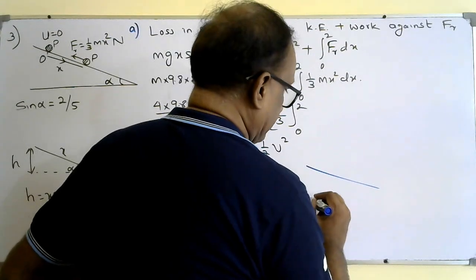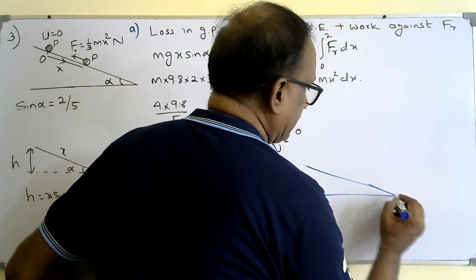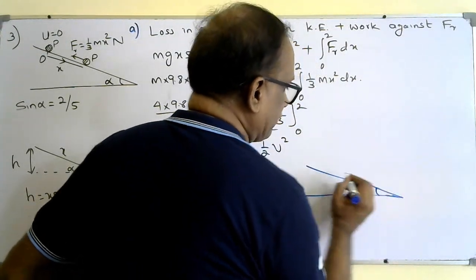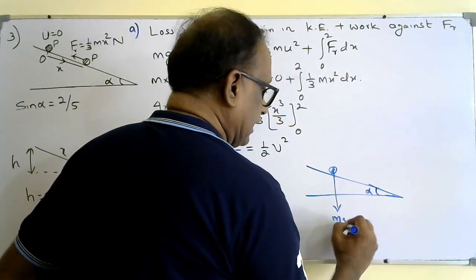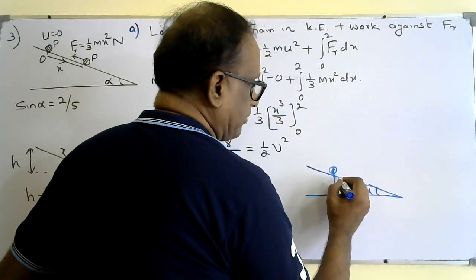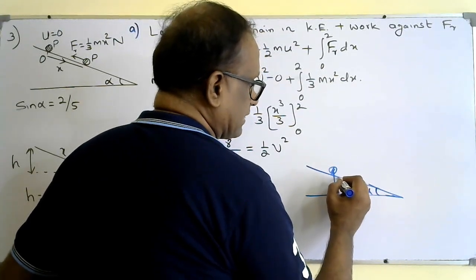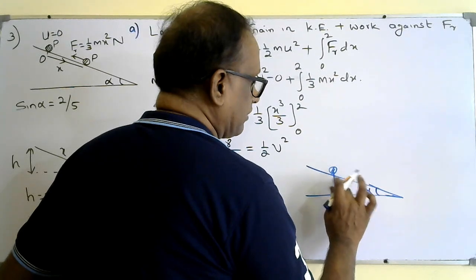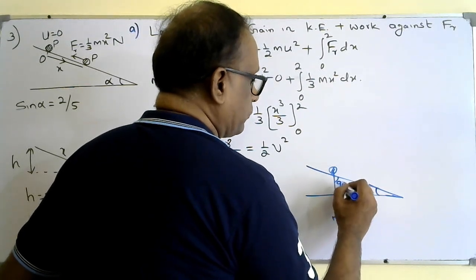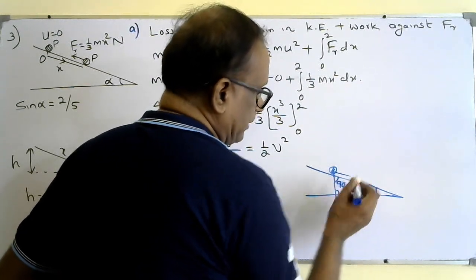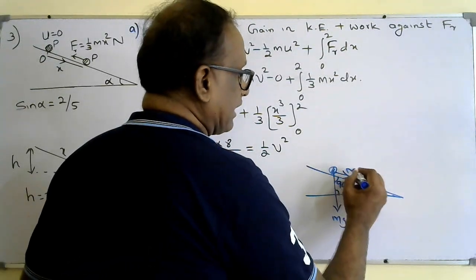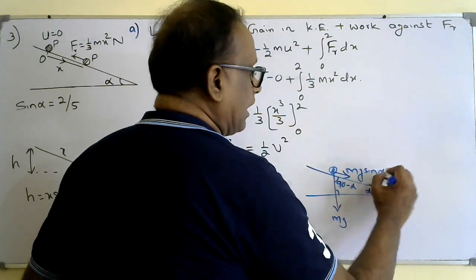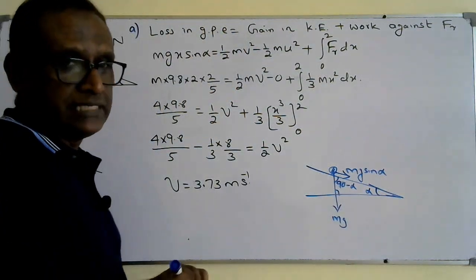How does mg sine alpha come? It's theory normally done in the lesson. The weight acts vertically down, that is mg. This angle is alpha, so this is 90 minus alpha. The component of the weight along the plane down is mg cos(90 minus alpha), that is mg sine alpha.